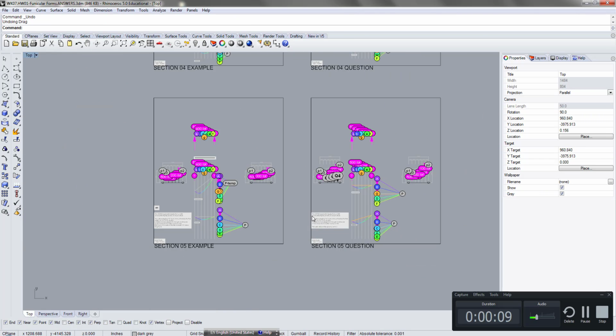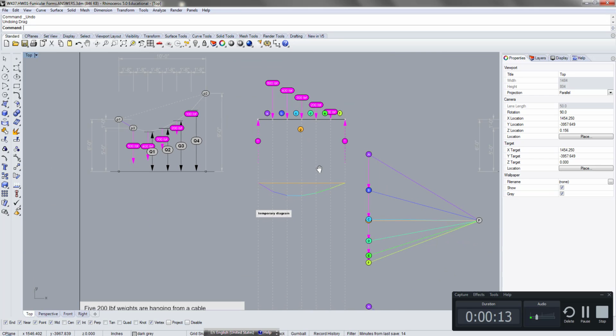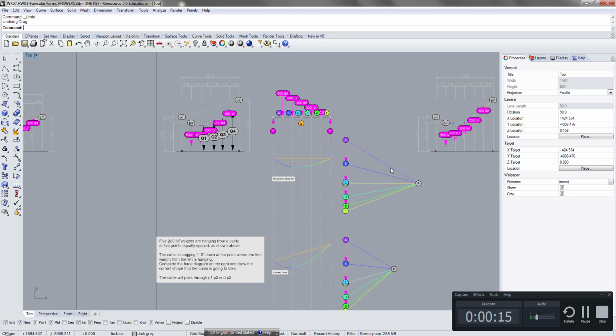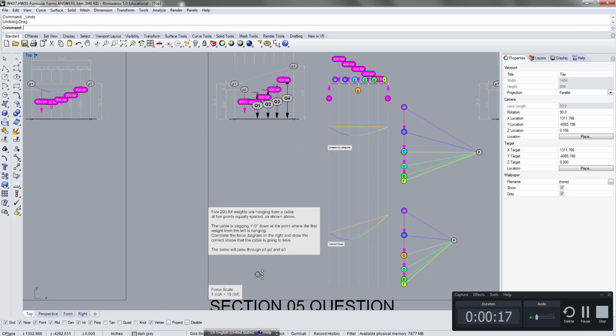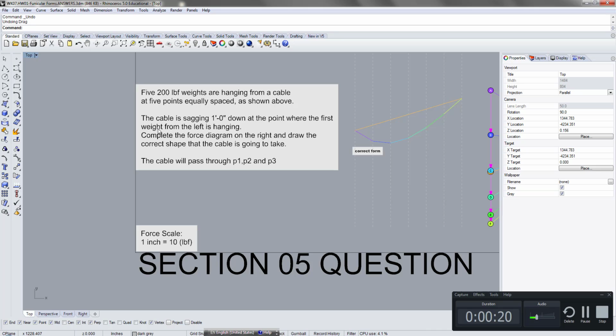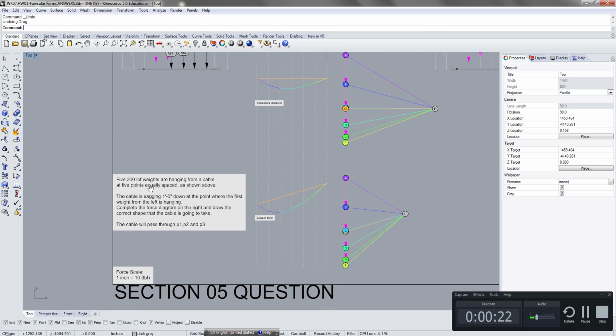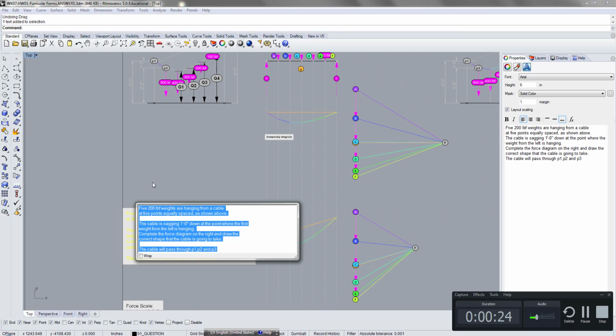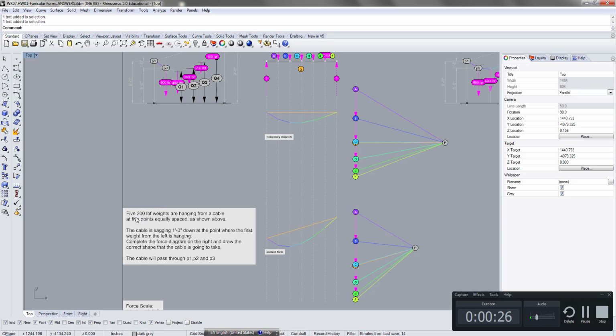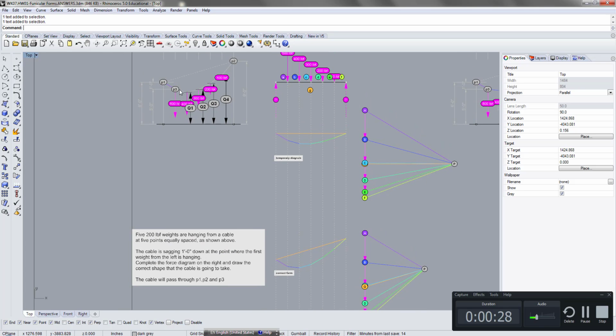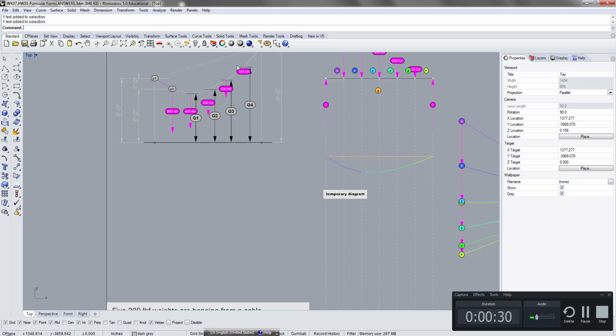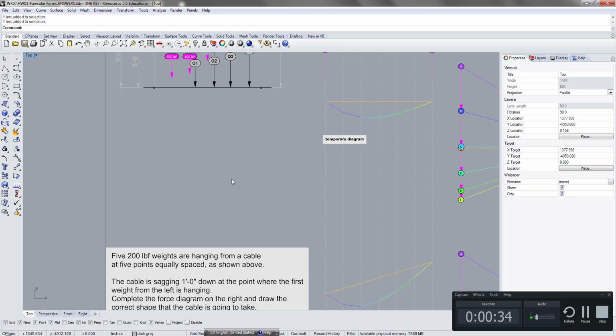Let's look at week 7 homework 1 section 5 question. Let me remember what the problem was. There's a mistake in this sentence. It's not 5 200-pound weights, but 5 different weights: 500, 400, 300, 200, and 100 pound.